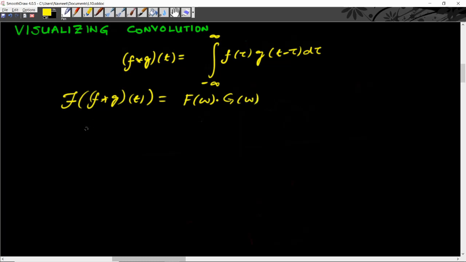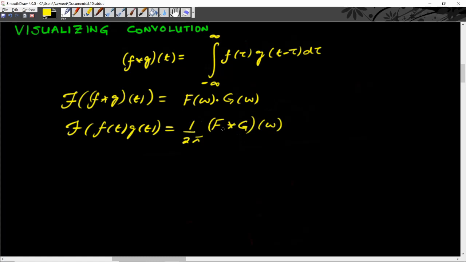And also we have seen that the Fourier transform of the product of two functions in time domain is equal to 1 over 2 pi times the convolution of the Fourier transforms of the functions f and g. That means convolution in time domain is equivalent to multiplication in frequency domain, and multiplication in time domain is equivalent to convolution in frequency domain.